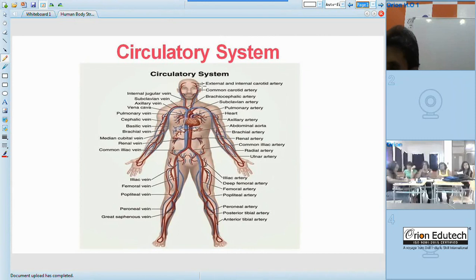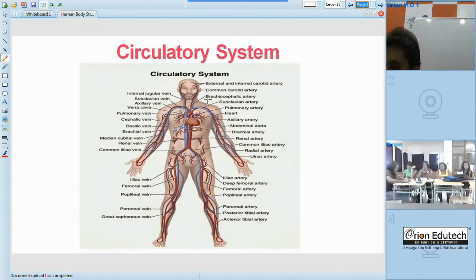You can see it just like a vein. It's the external and internal carotid artery. Then, very next to that, the common carotid artery.